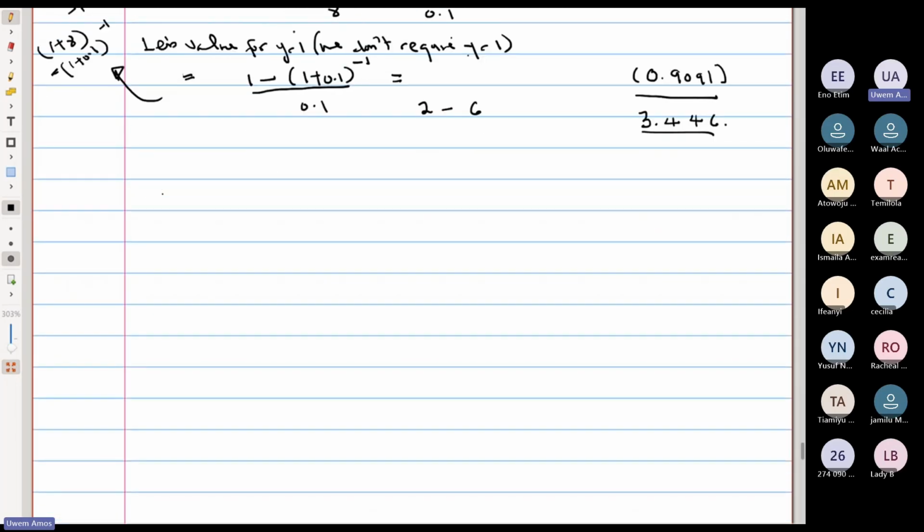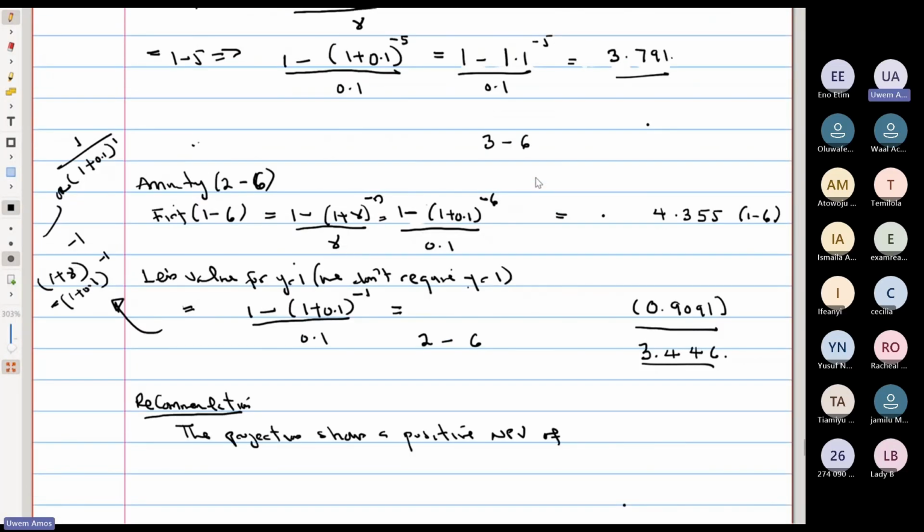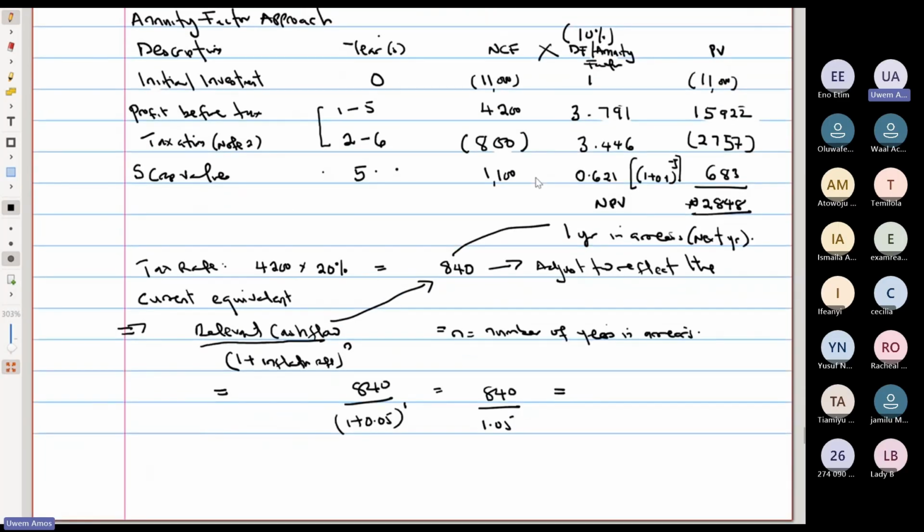Okay, so our recommendation: because our NPV is positive, we will proceed with the investment. So let's write our recommendation. The projection shows a positive NPV of, we can use the value we just computed, 2848.